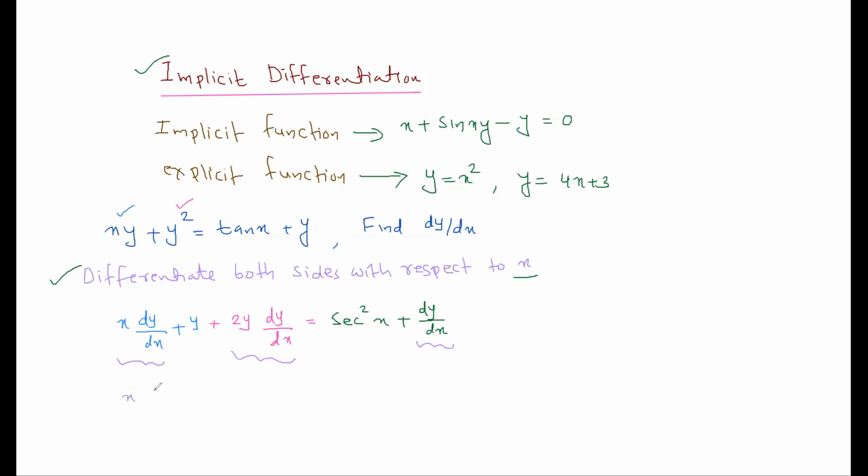So x into dy by dx plus 2y into dy by dx.